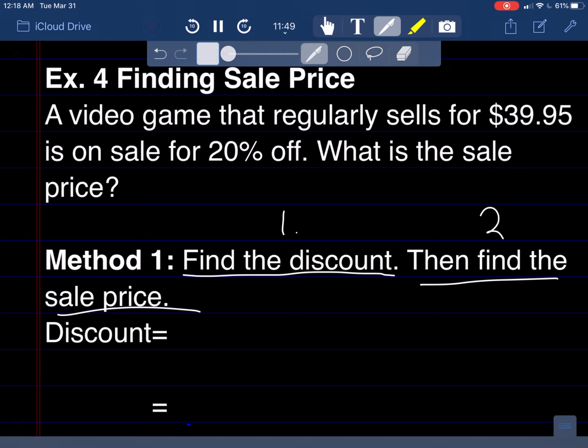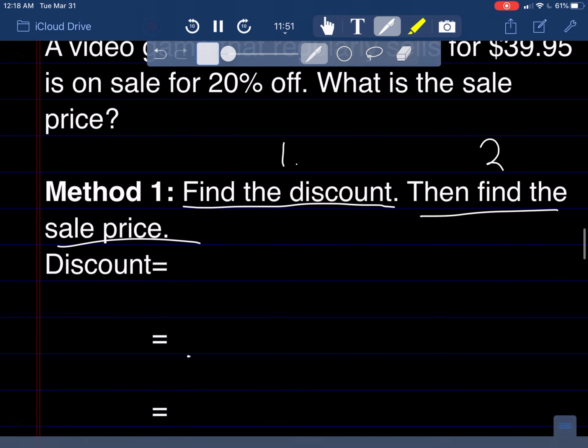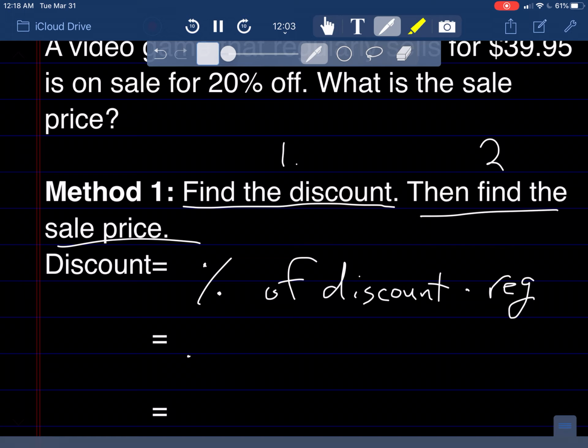All right, so again with discount, remember we take the percent of discount, and again, we multiply it by the regular price. My funky looking R. Okay, so again, we have to take our percent of discount and turn it into a decimal.